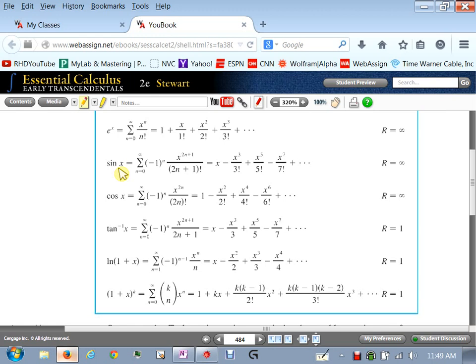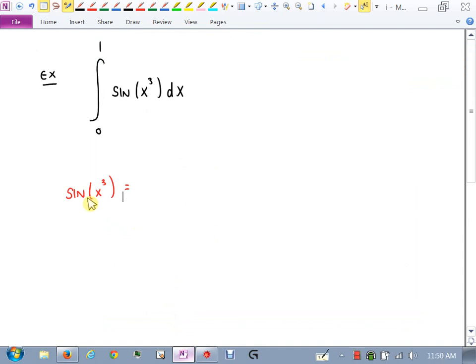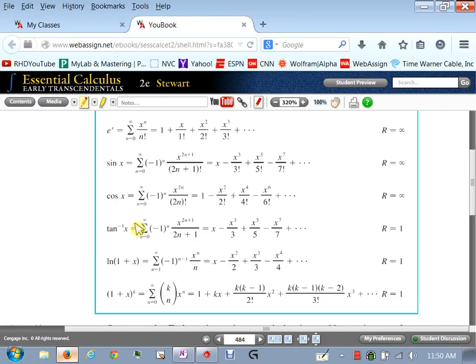So I'm going to write it here like this, replacing all my x's with x cubed, because this is like sine of x, but for us, x is x cubed. So what is the series? I'm going to start with x, so that's going to be x cubed.